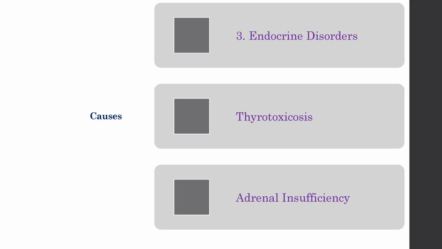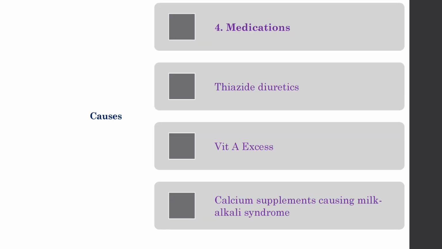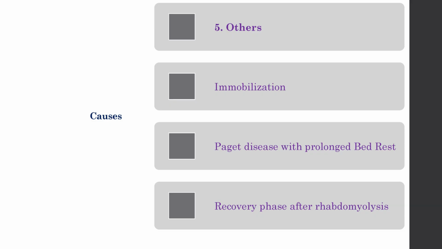Endocrine disorders, for example, thyrotoxicosis and adrenal insufficiency. Medications like thiazide diuretics, vitamin A excess, calcium supplements causing milk alkali syndrome. Other causes are immobilization, Paget disease with prolonged bed rest, and recovery phase after rhabdomyolysis.